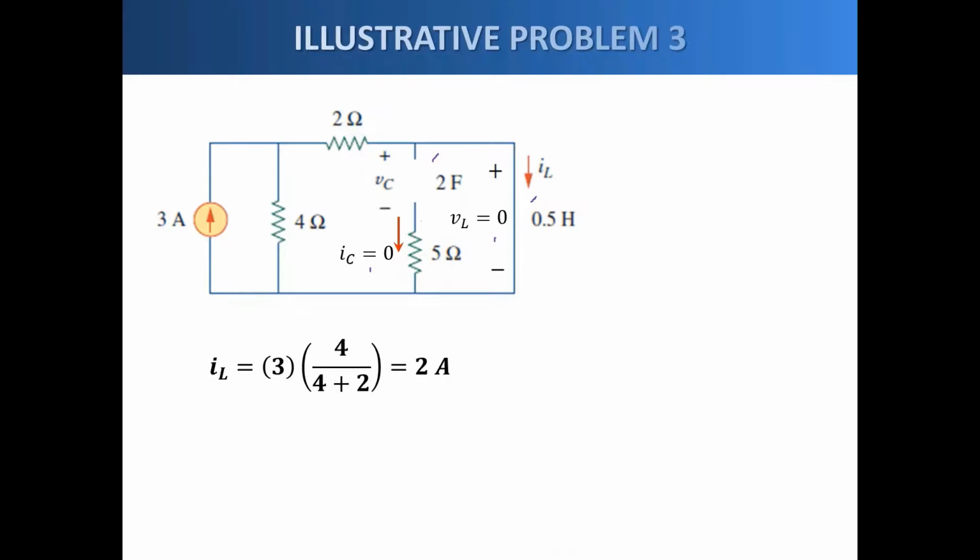Then we compute for the current I sub L. We notice that since the inductor is a short circuit, the 2 ohms and the 4 ohms are in parallel because they are connected to the same node. So they're connected to this node and to this node. Okay, so therefore they are in parallel.